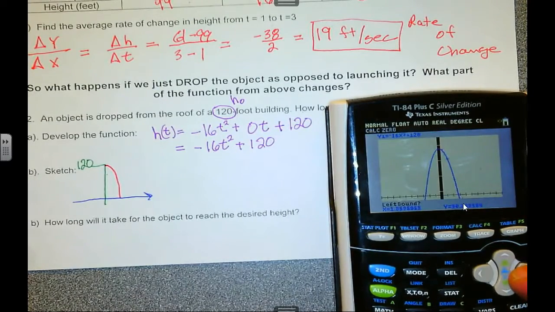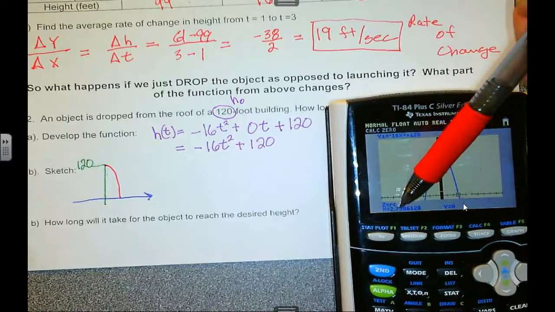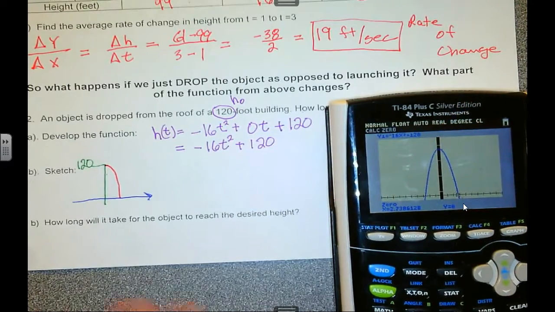And it's going to ask me the same thing. Are you to the left of that point? Well, yes, I am. Are you to the right of that point? Well, get to the right of it, hit enter, and then it's going to ask me to guess or estimate, best possible estimation, and my x is what? 2.74.